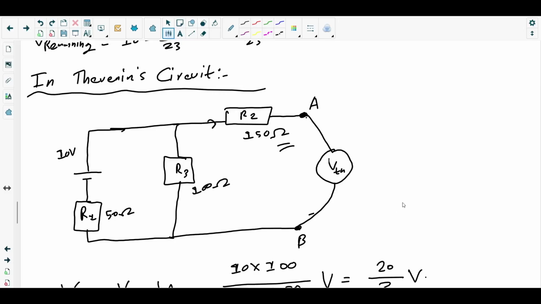If you see from the right end of the open circuit, the 150 ohm resistor is alone, right?